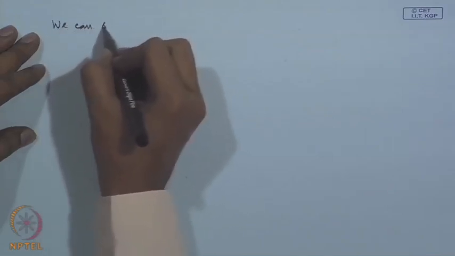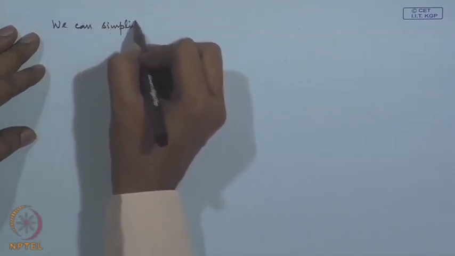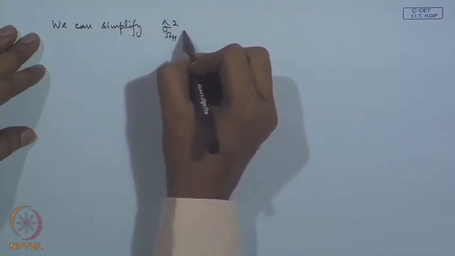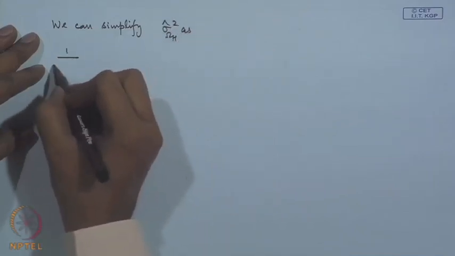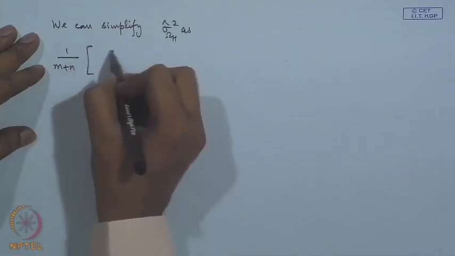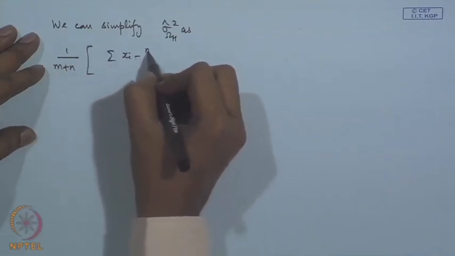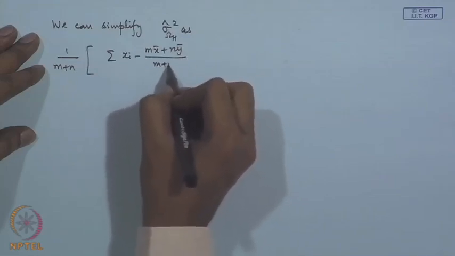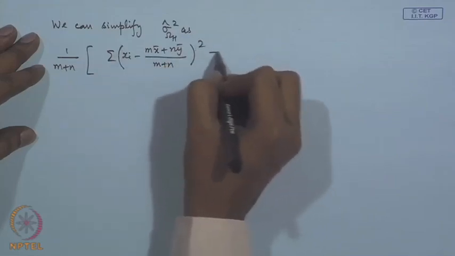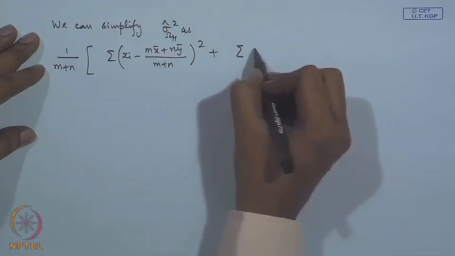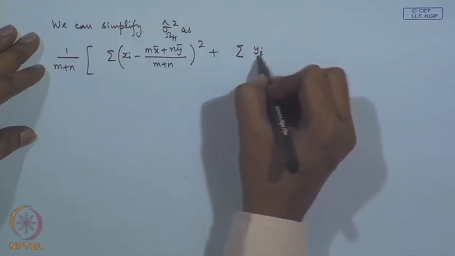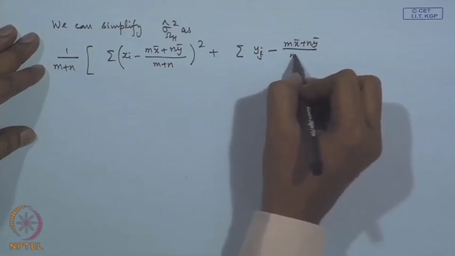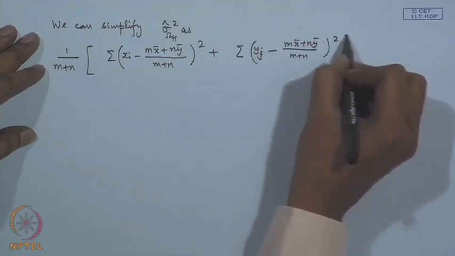We can simplify sigma omega hat head square as 1 by (m plus n) times sigma (x i minus (m x bar plus n y bar) divided by (m plus n)) square plus sigma (y j minus (m x bar plus n y bar) divided by (m plus n)) square.